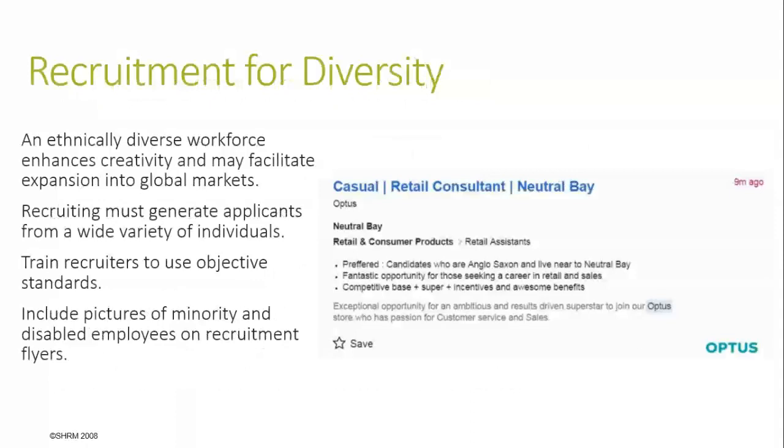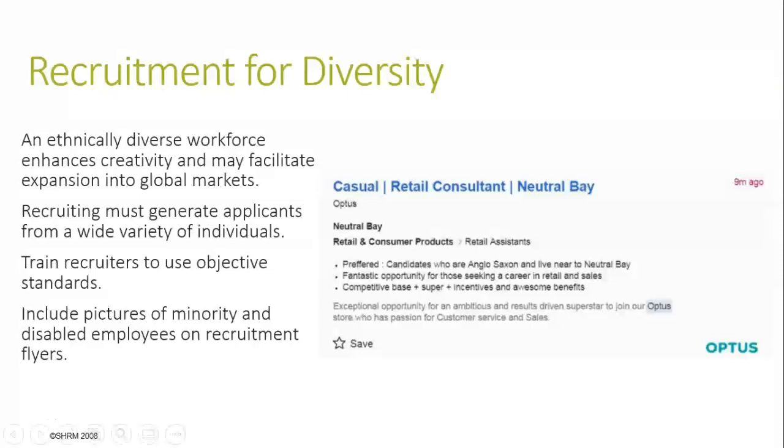There are some unique considerations that go into recruitment for diversity, class. Ethnic diversity in particular can benefit creativity, can aid expansion into global markets. They can also serve more effectively a customer base that's also diverse. But companies often overlook these benefits in favor of finding someone who, quote unquote, fits the company culture.